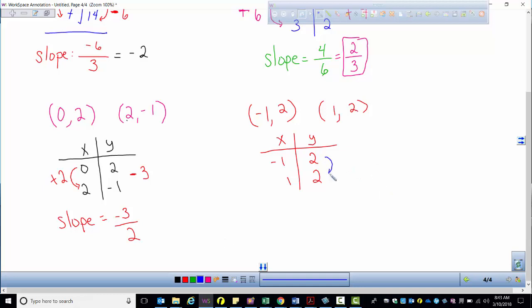Here is 0. Nothing happened. It's flat. Here we went up. And if I start at negative 1 and I go to positive 1, that means I'm going to go up 2. So my slope is going to be 0 divided by 2. Well, if you have 0 on the top of any fraction, that's going to equal 0.